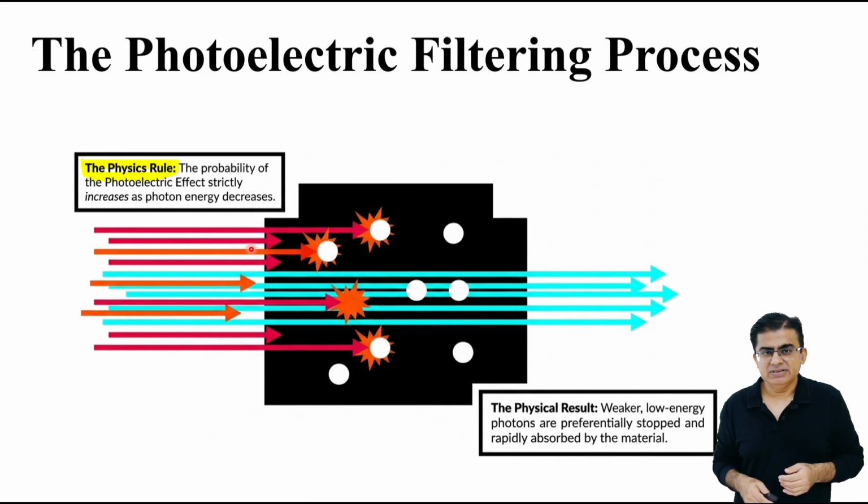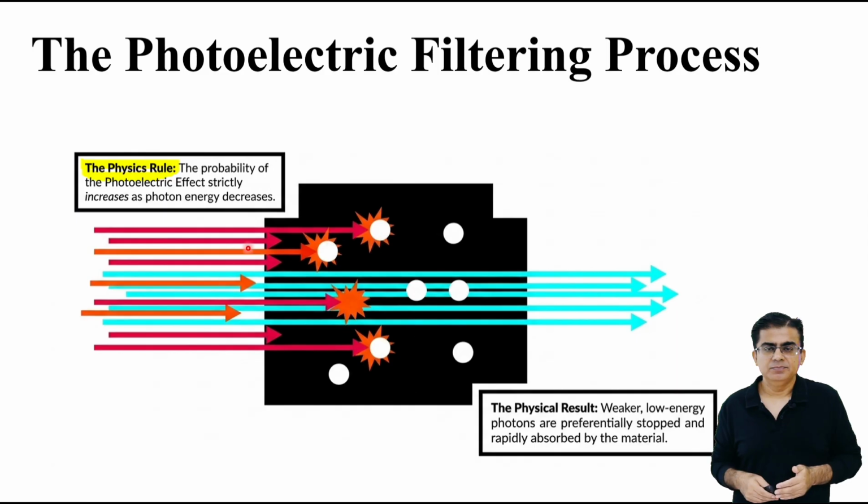These red arrows represent the weak photons hitting the absorbing material. They are easily stopped and readily absorbed right inside the block. They simply do not have the physical power to penetrate through to the opposite side.